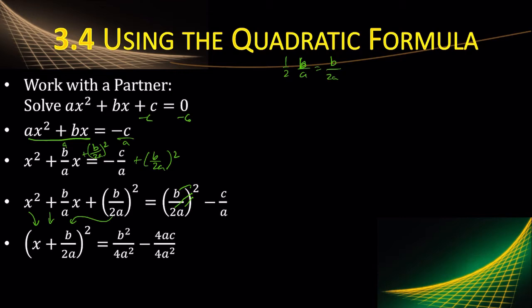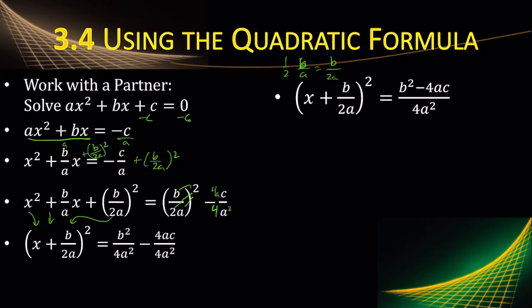And I need a common denominator, so I multiplied by 4a, top and bottom, so that I had a common denominator of 4a squared. I could combine that fraction into a single fraction, since they have a common denominator. It'll be b squared minus 4ac over the 4a squared.